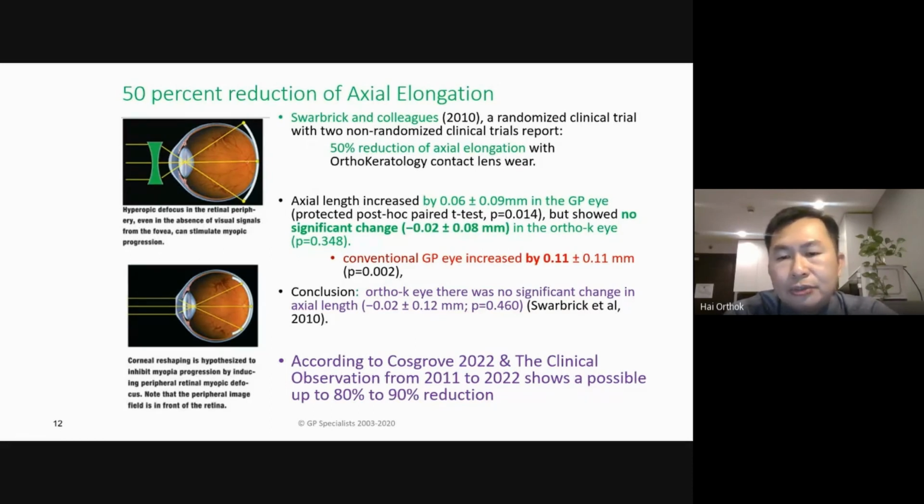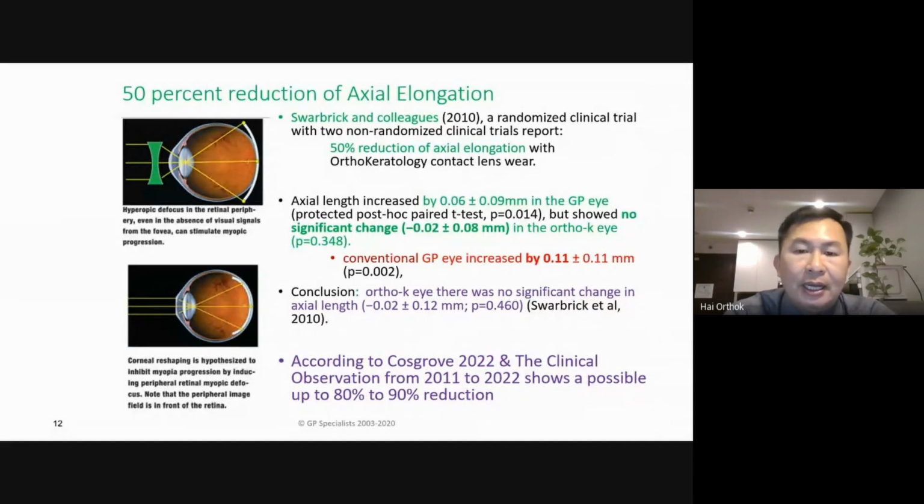According to Mark Cosgrove and many practitioners, we have a clinical observation that up to 80 or 90% of patients come back to exchange the lens after 1 year or many years with the same Rx.